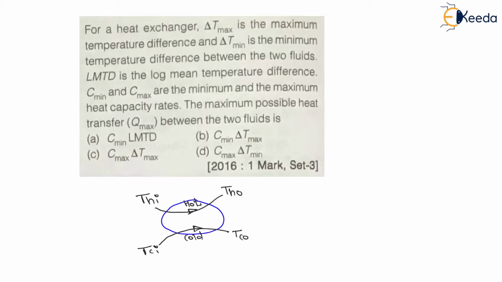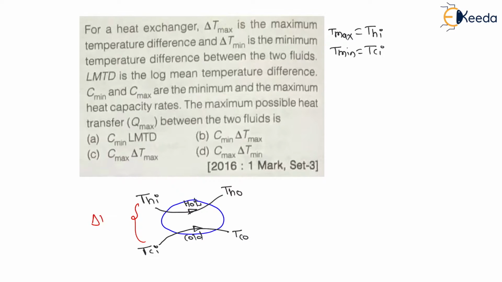Therefore, can I say the maximum temperature in this heat exchanger will be the inlet temperature of hot fluid, because later the temperature of hot fluid is decreasing. And the minimum temperature in this heat exchanger will be the inlet temperature of cold fluid, because the cold fluid temperature is increasing and hot fluid temperature is decreasing.